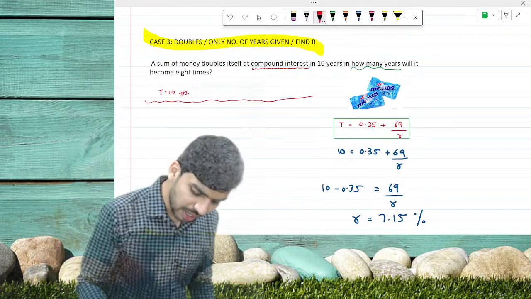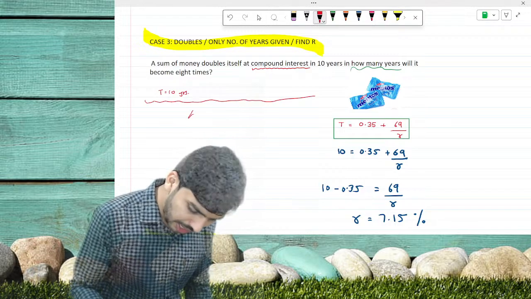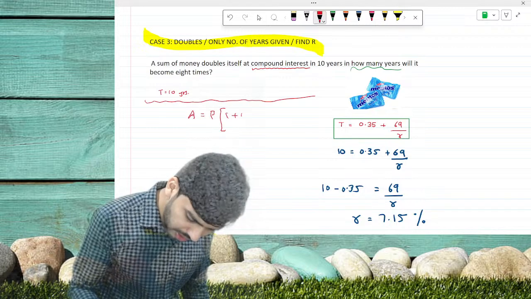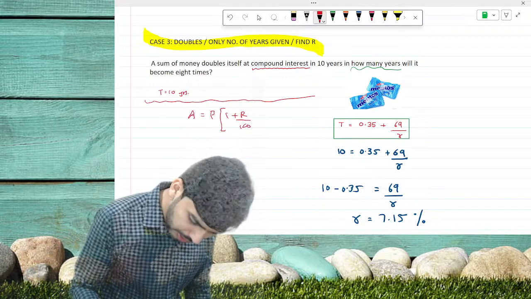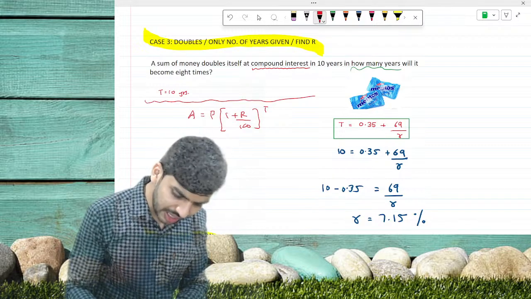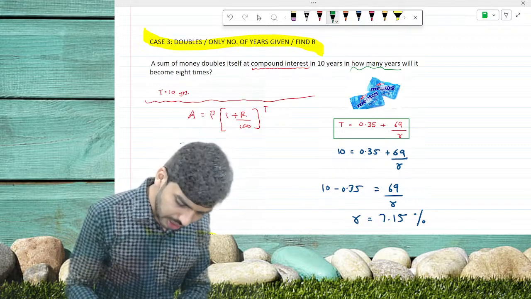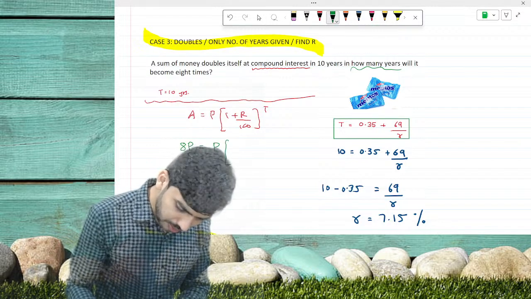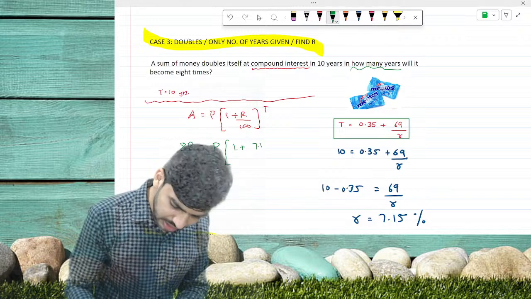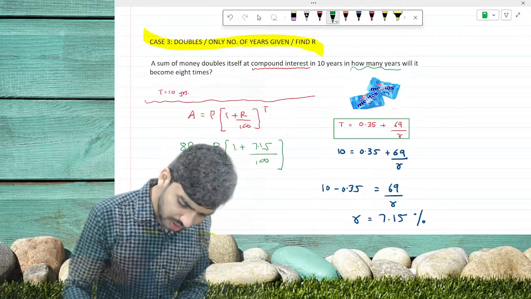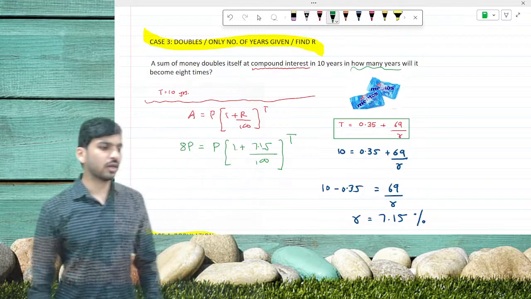The amount is equal to principal times bracket 1 plus r upon 100 to the power t. Now the amount is 8 times the principal, so we can write 8 times the principal equals principal times 1 plus rate of interest 7.15 divided by 100 to the power t, and we need to find t.